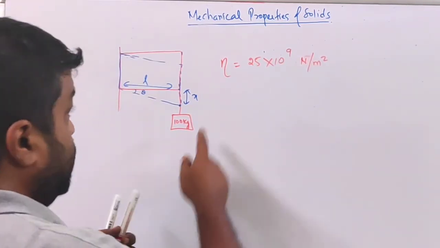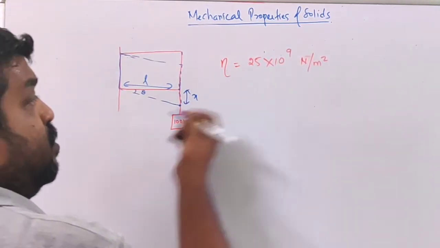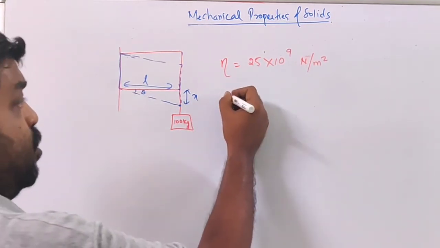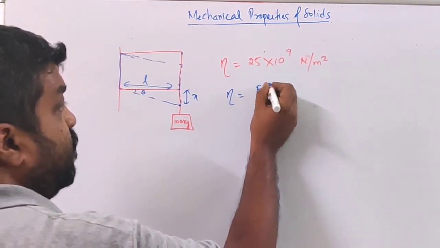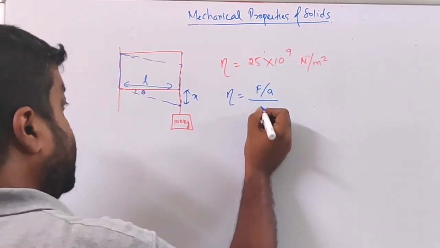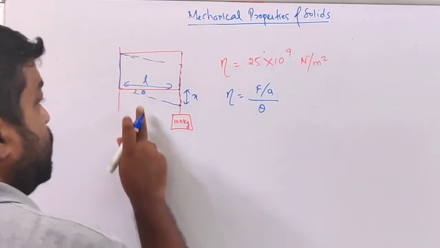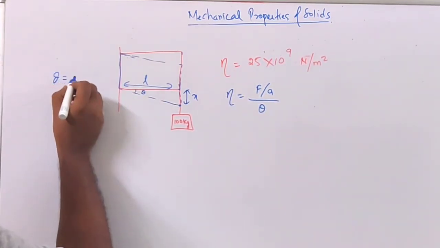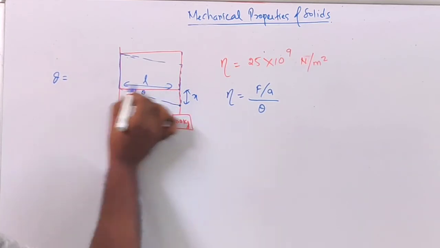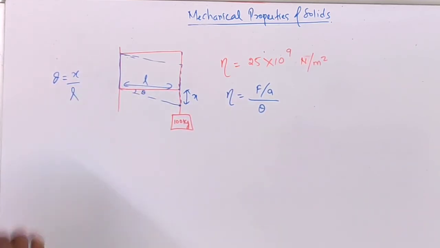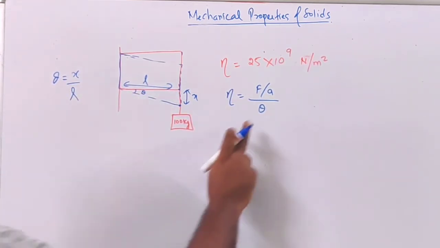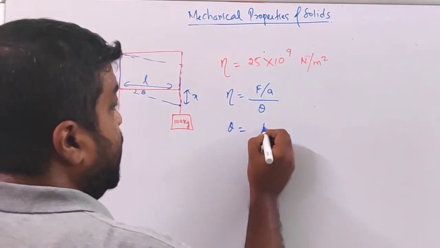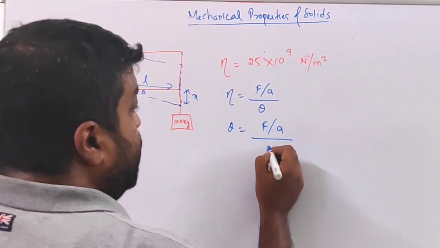Now, how do you define shear modulus? Shear modulus eta is equal to F by A divided by shear strain. Shear strain is given by this angle theta, where theta is equal to arc length by radius, so x by L. From this we can get the value of theta as F by A divided by eta.